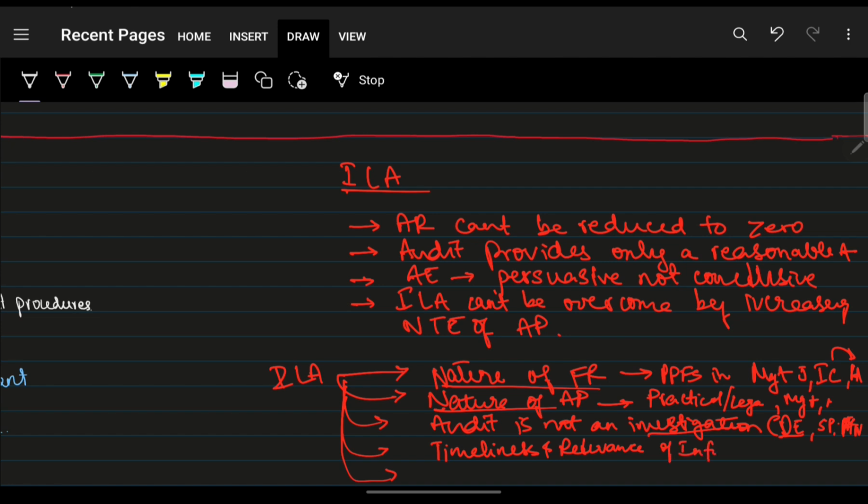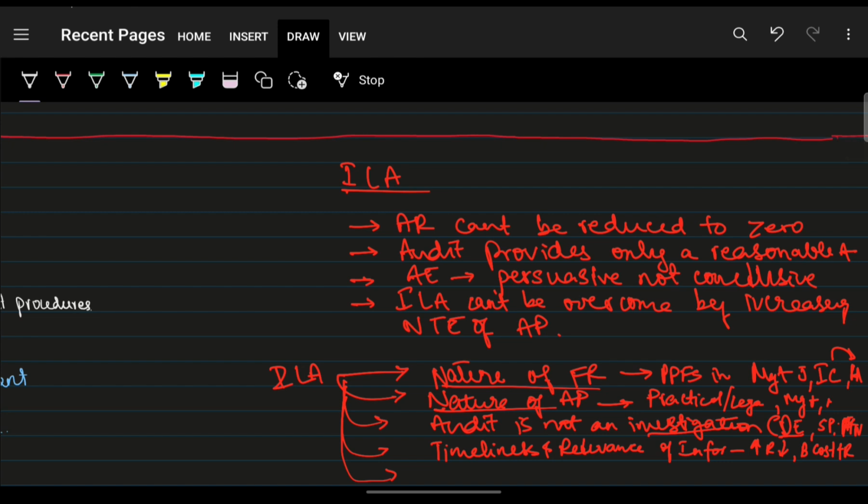There are only two main things over here: that as time passes, the relevance of the information decreases, and there has to be a balance between the cost and the reliability of the information that is obtained.